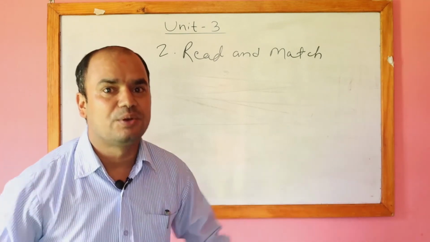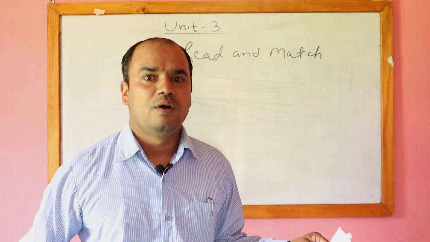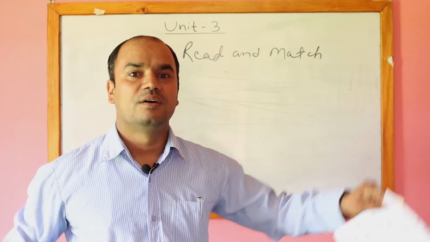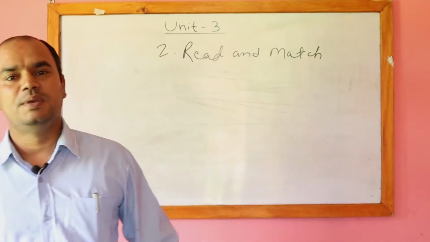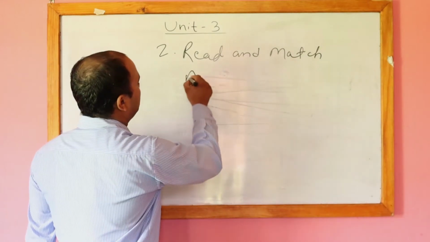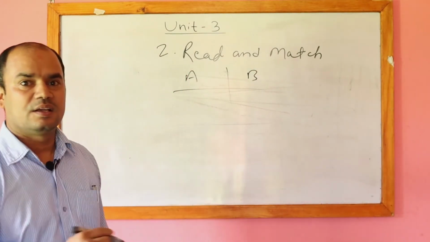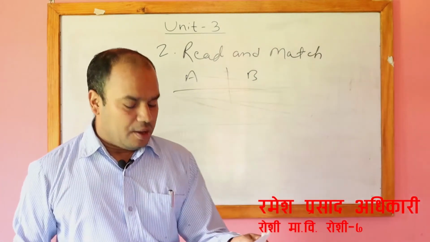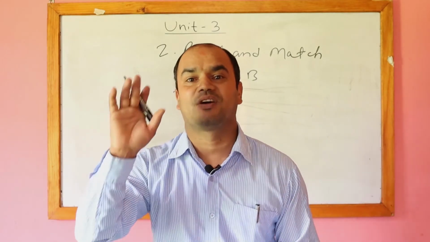So, based on your knowledge and understanding, now it's time to match the words with the meaning. There are two columns, A and B. You have to match correctly. Now I am going to see there are five items. H5N1 you have to match correctly.